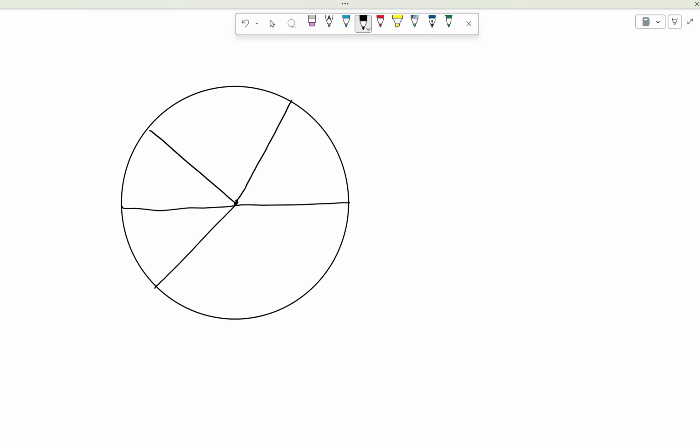Here, another one right here, which I'm going to mark with a right angle. And here is what these points all are. I have J, K, L, M, N, O, and this is going to be circle P.